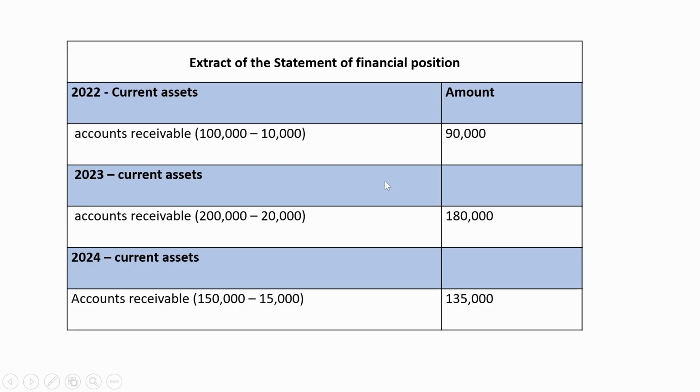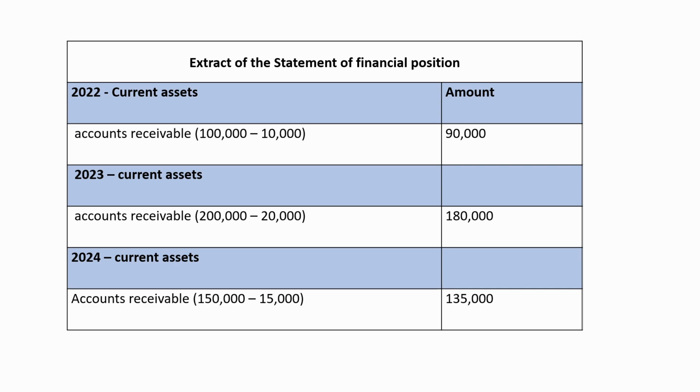And then you go to the next year, you take the accounts receivable for that year, deduct the allowance for doubtful debts, you record the balance. Same thing for the third year, the accounts receivables were 150,000, deduct the provision for doubtful debts 15,000, you record the balance 135,000.